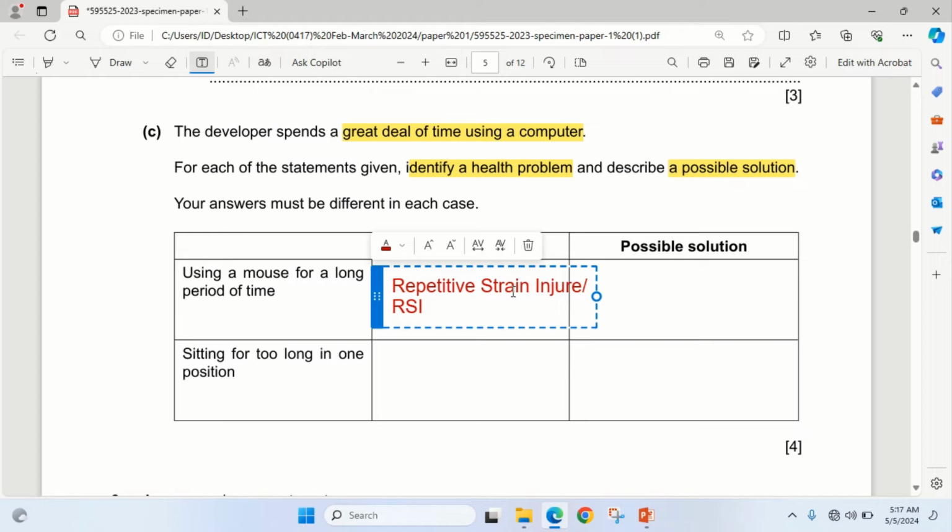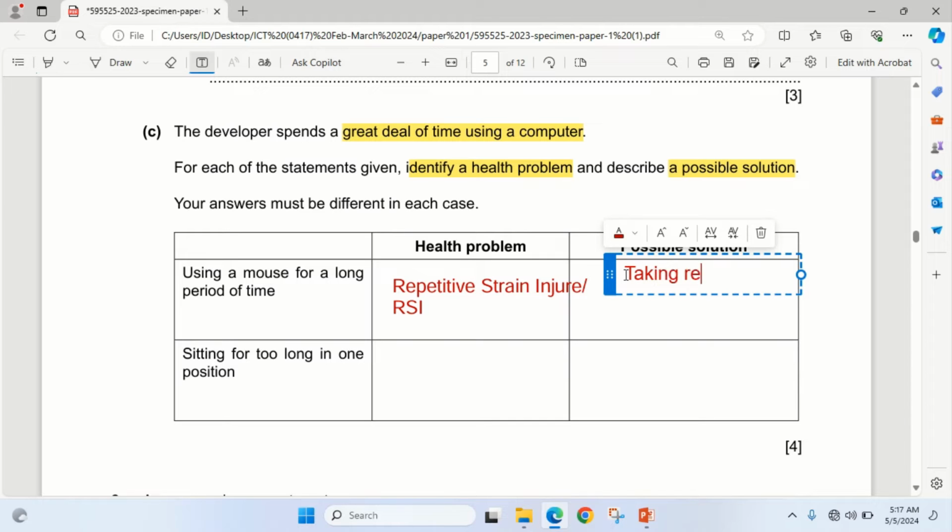There are a lot. Number one, taking regular breaks is very important. Use of ergonomic keyboard or mouse can help.